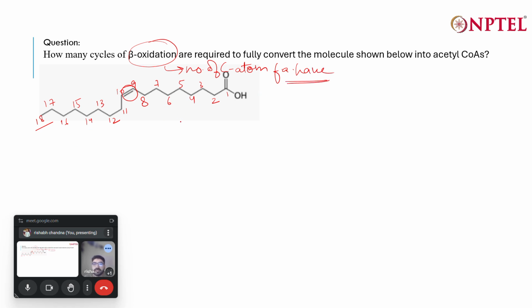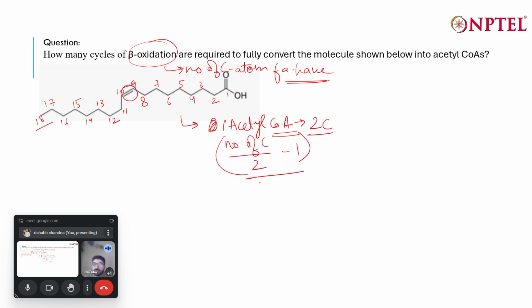Each cycle releases one acetyl coenzyme A, a 2 carbon compound. So the number of cycles to produce the acetyl coenzyme A would be the number of carbon atoms divided by 2, minus 1. This is a general formula that you can use.